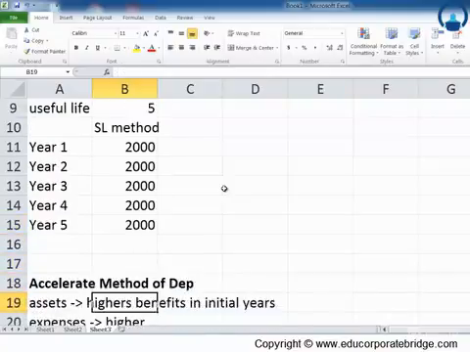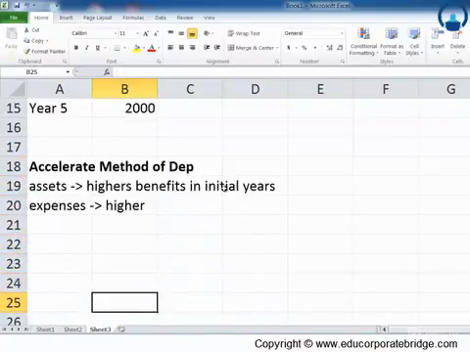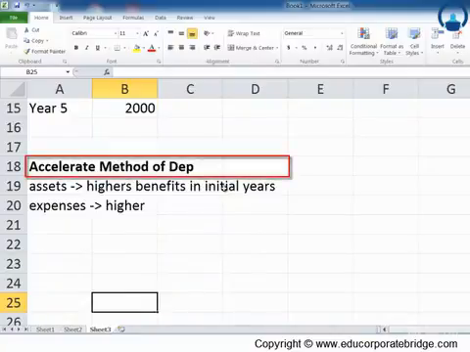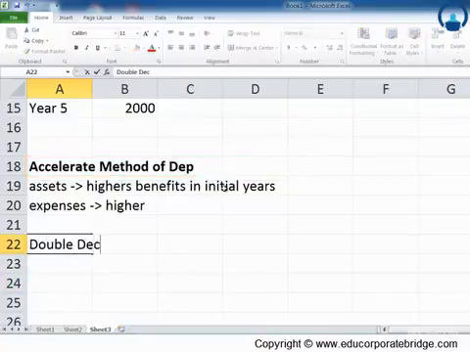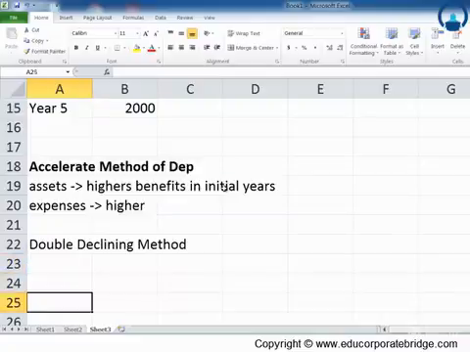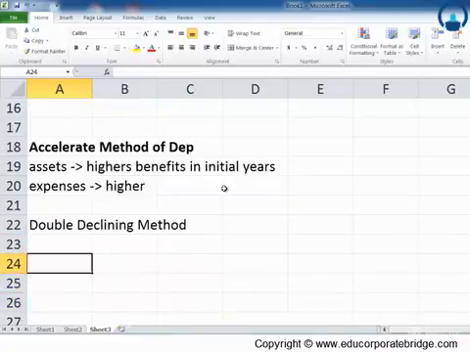Now let us look at the accelerated method of depreciation. One of the famous methods for accelerated depreciation is the double declining method. In this method, we assume that the asset will depreciate at double the speed as compared to the straight line method. So there is some tweak in the formula as well.